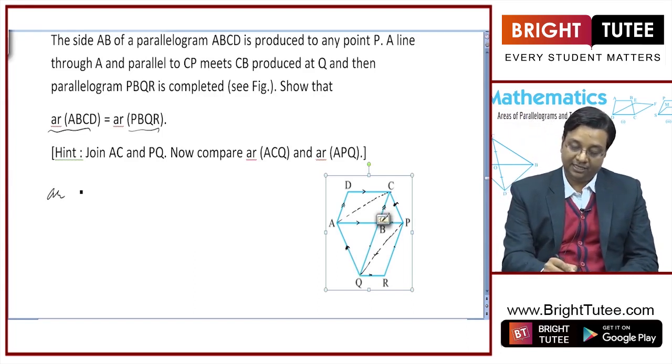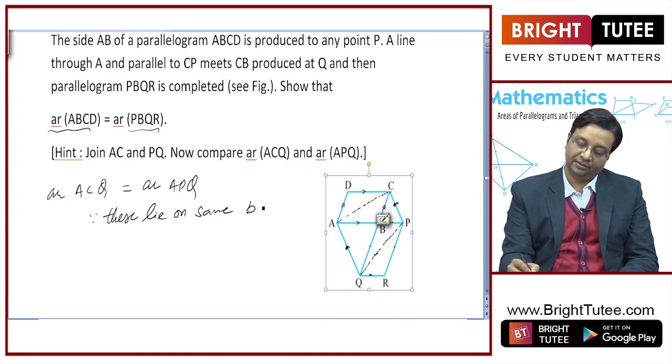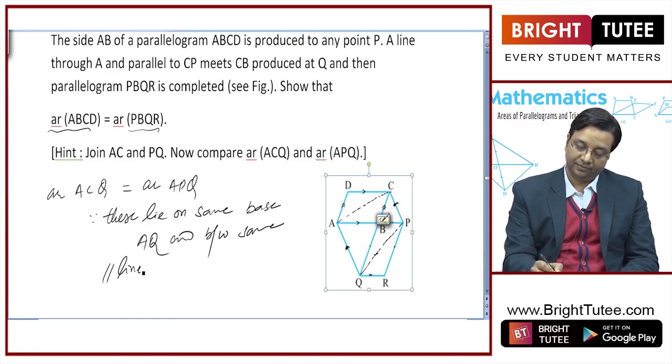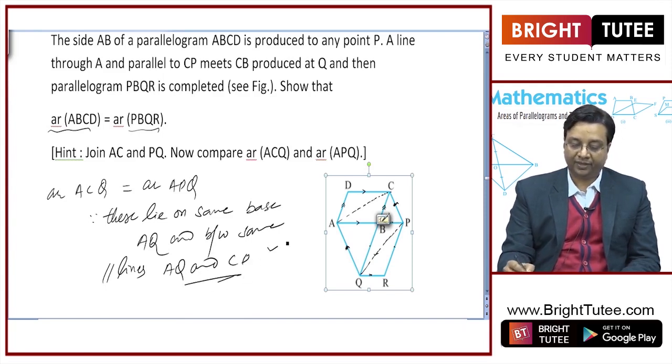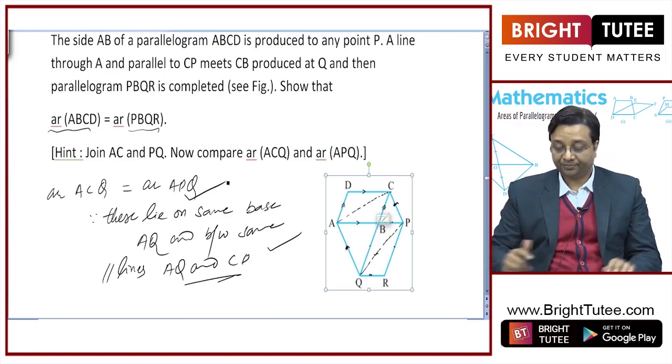So can I say area of ACQ is equal to area of APQ? Yes, because they lie on same base AQ and between same parallel lines AQ and CP, right? So these two areas are equal.